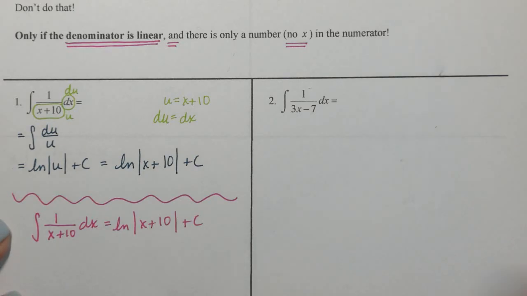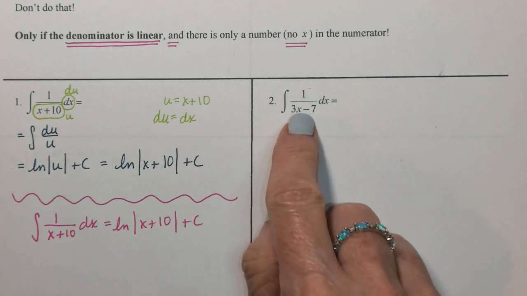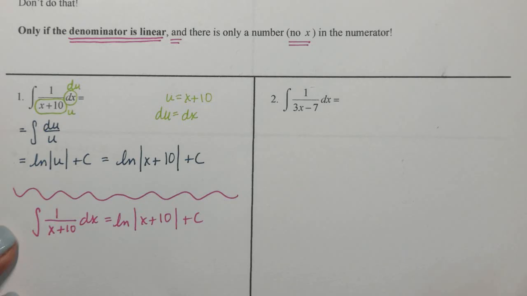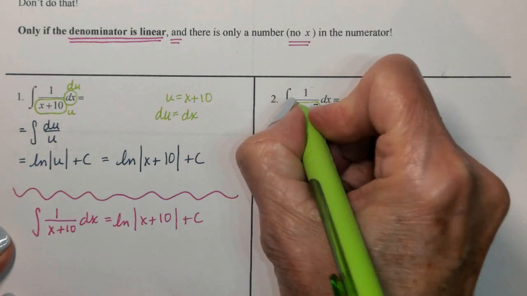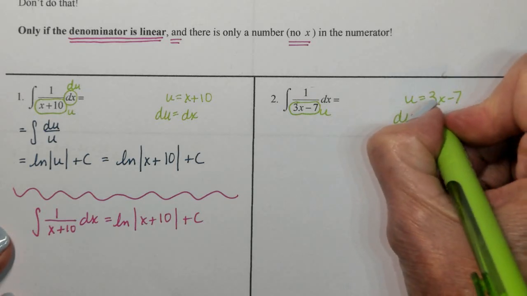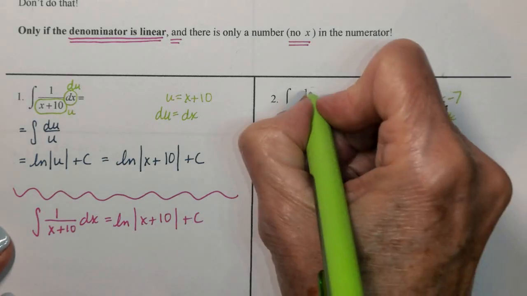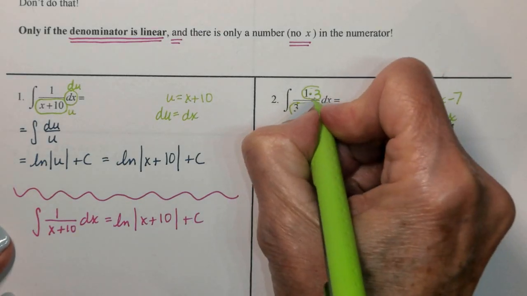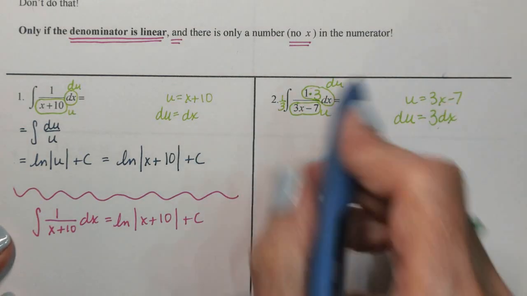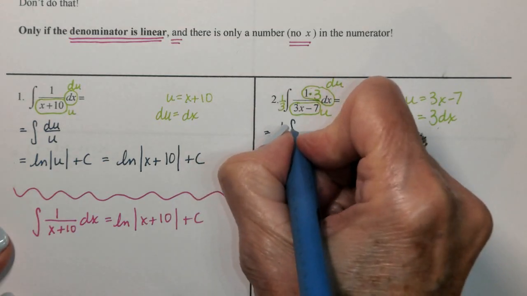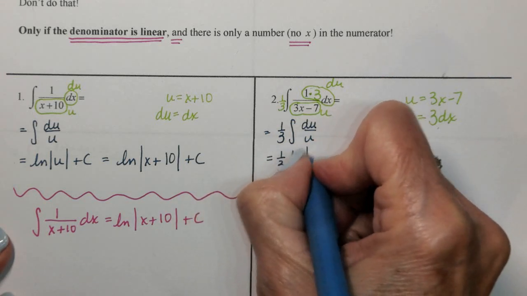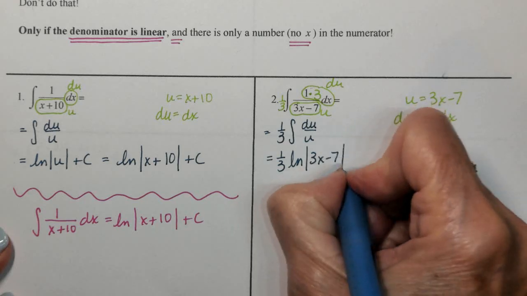Okay, let's do this one. The bottom is linear and there are no x's on top. So this will be an ln, except it's not a plain x, so we do a u sub. U is 3x minus 7. du is 3 dx. So I need a 3 on top with the dx, and then I will get my du. So I will need a 1/3 out in front, and we get 1/3 integral du over u, which is 1/3 ln absolute value 3x minus 7 plus c.